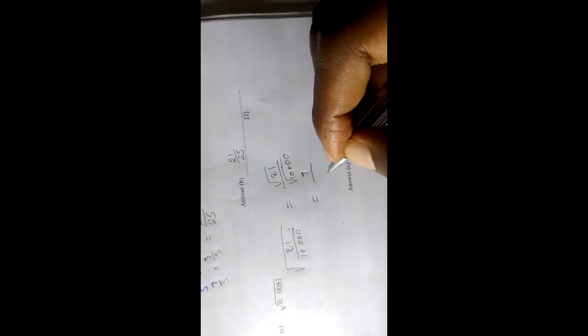Then when it's like this, it's just the same as saying square root of 81 over square root of 10,000. The square root of 81, that is 9, over square root of 10,000, that is 100.